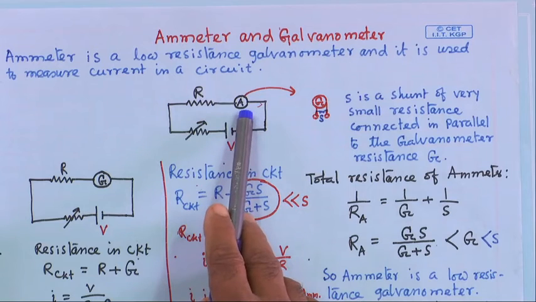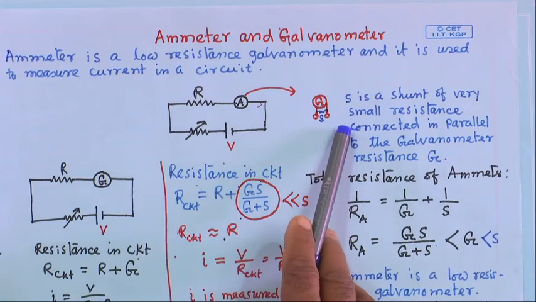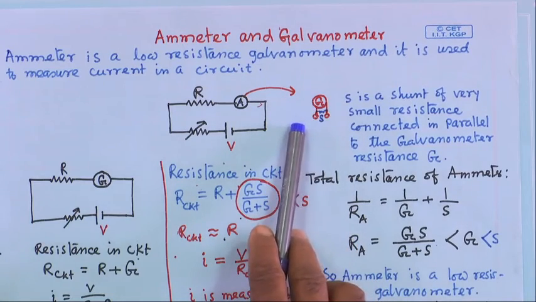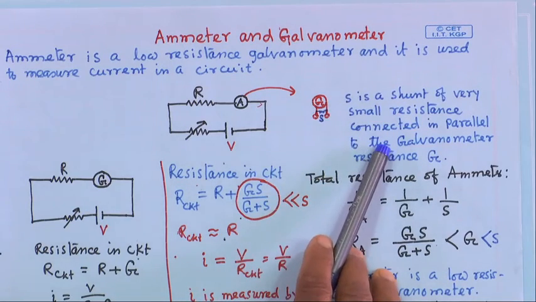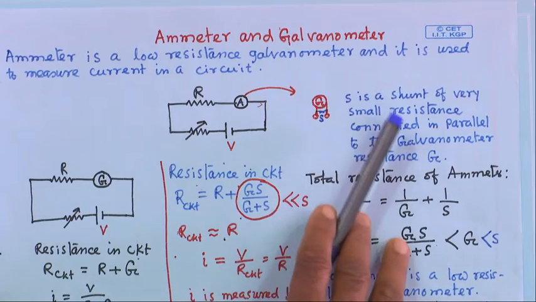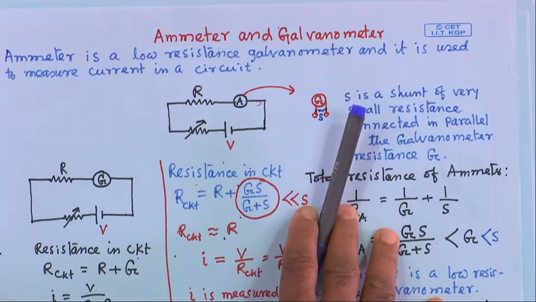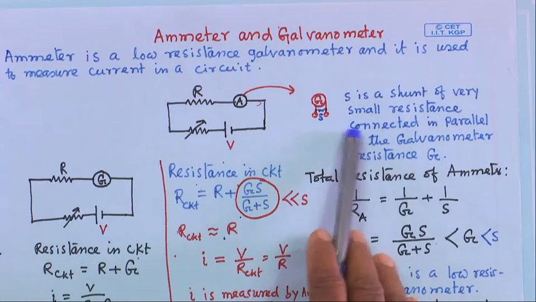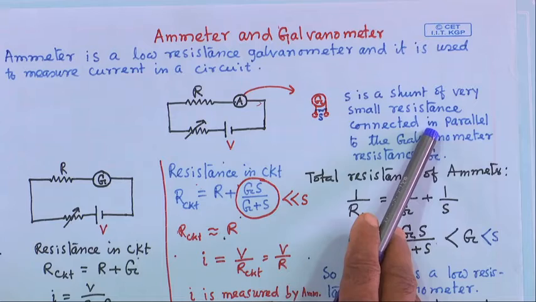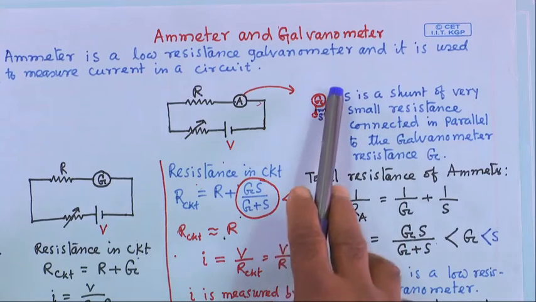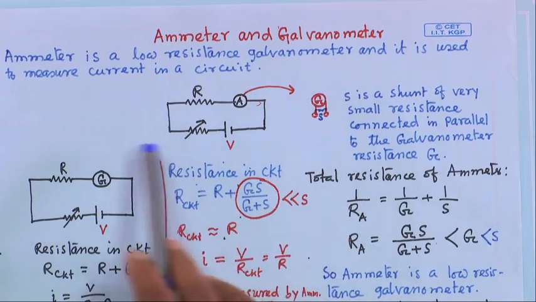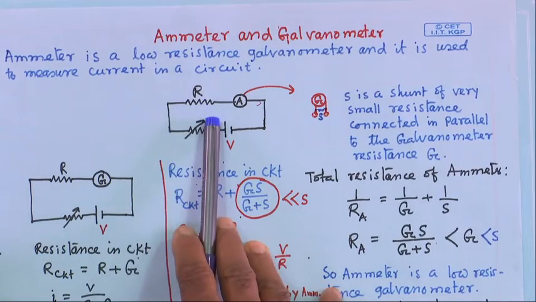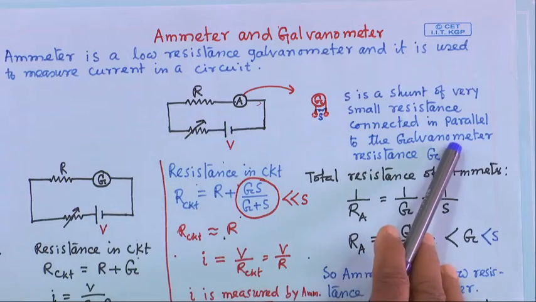That is why we say an ammeter is nothing but a galvanometer, but this arrangement gives the ammeter a resistance lower than the resistance of the same galvanometer. The shunt resistance is a very small resistance, very small compared to the resistance of the galvanometer or the R used in the circuit.